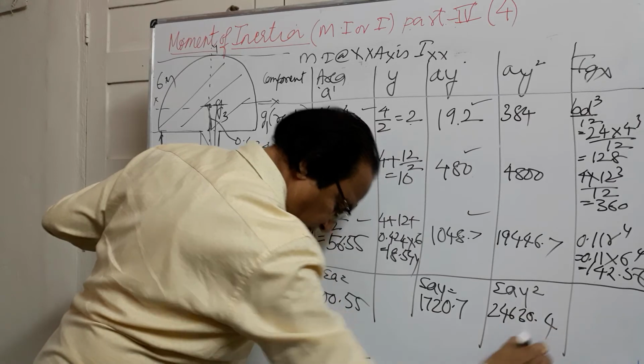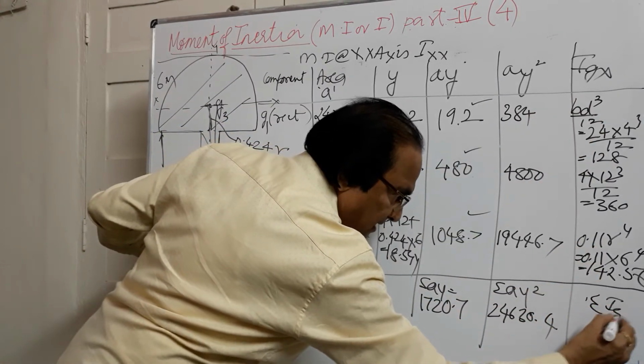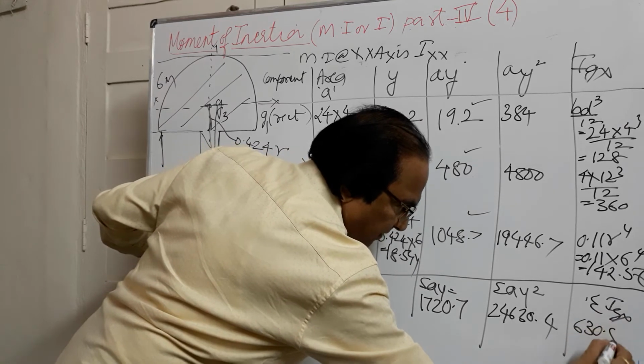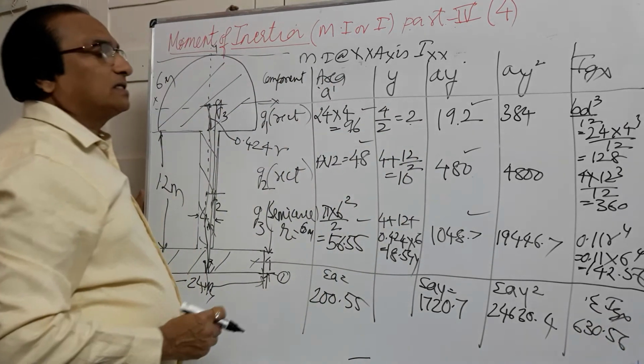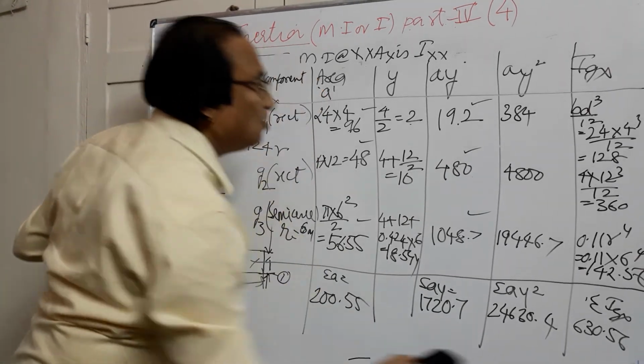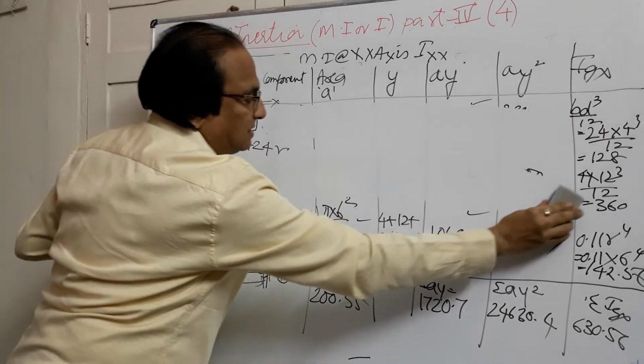And if I add all this, you get sigma IGX as 630.56. Now once you have this value with you, then you can go for y bar and IXX.